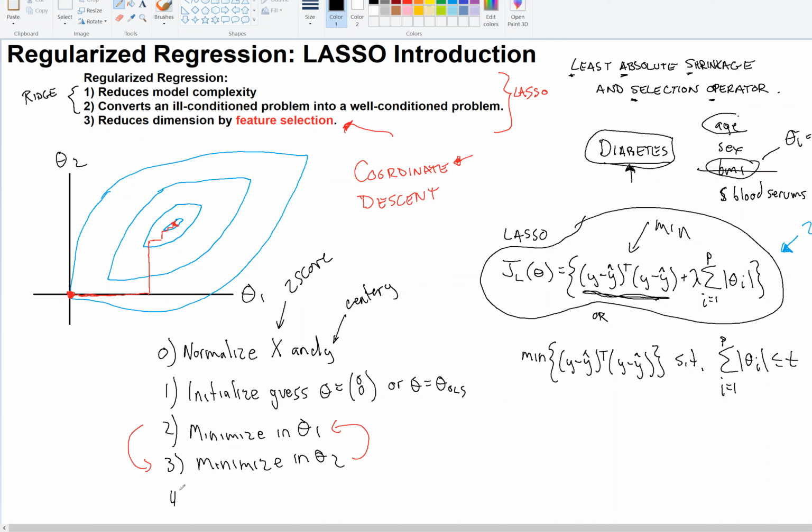And then we're going to stop when the solution barely changes. We can look at, for example, the fractional percentage, or whether it changed by less than 1% from the previous iteration, so then we'll stop.